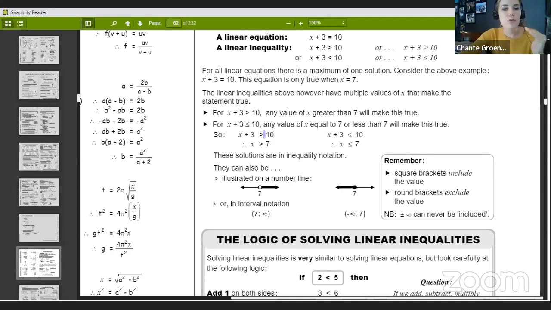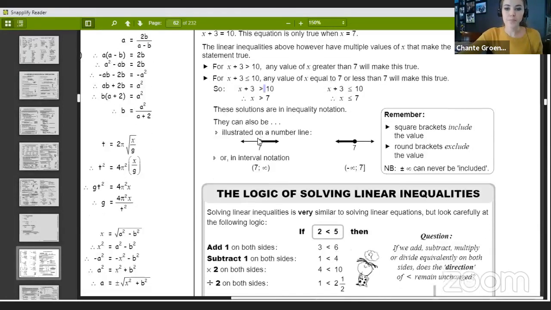If you can do a linear equation, and you guys just did it in our previous examples and exercises, you are more than able to do a linear inequality. But sometimes these signs throw you off, and it's not needed. You don't need to be thrown off because you know exactly how to do it.